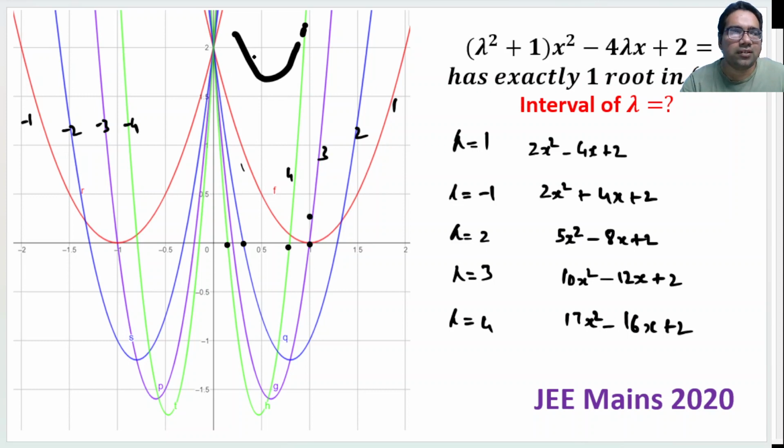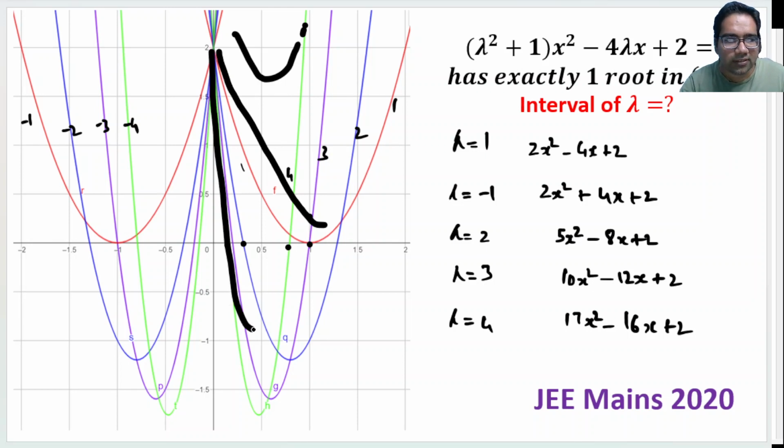The graphs can be like this: either the parabola can directly go like this, or it can go like this and like this. In both cases, f of 1 is positive.